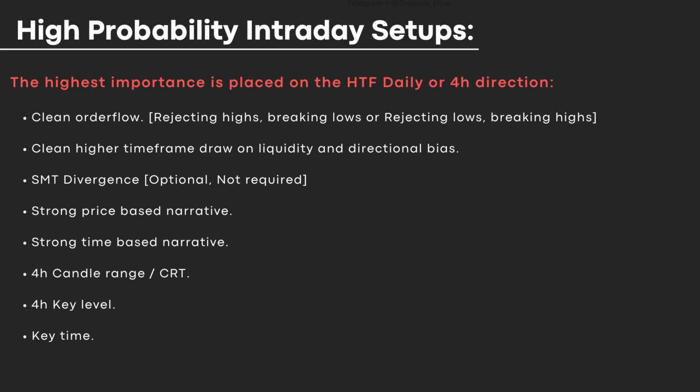Number three, SMT divergence, and it's optional. SMT divergence can add an extra layer of confluence to your setup, which increases the odds in your favor even more, right? Basically, you're going to look for discrepancy between correlated pairs that indicate where smart money might be positioning.